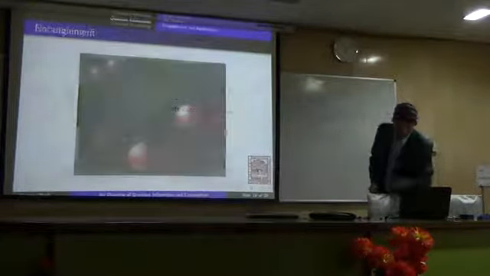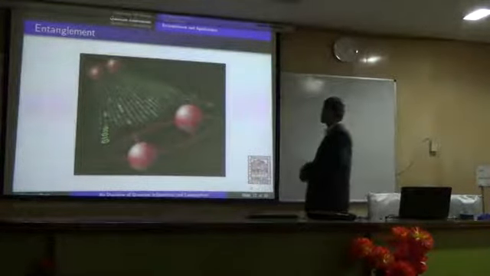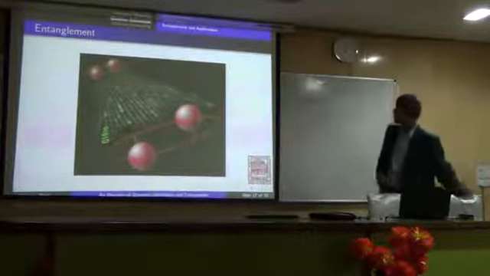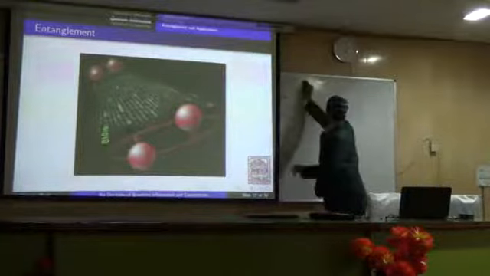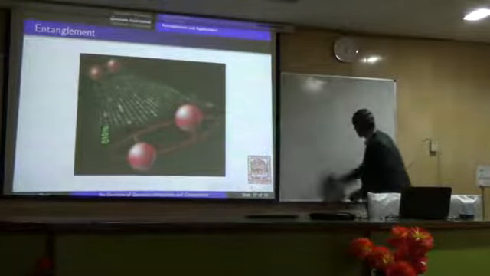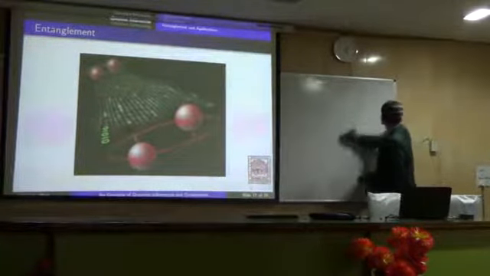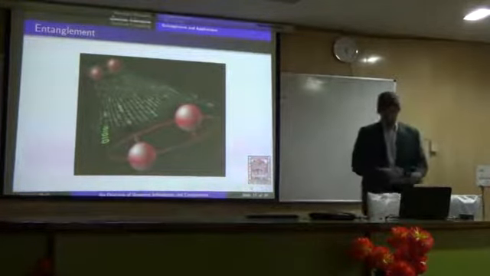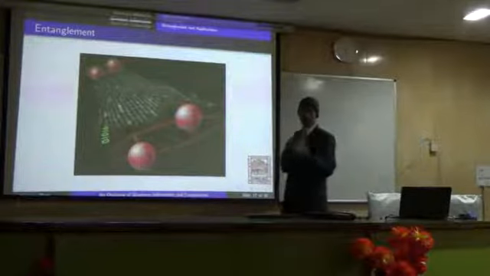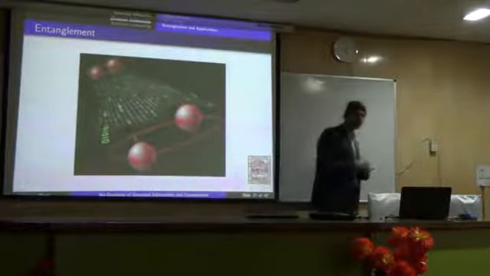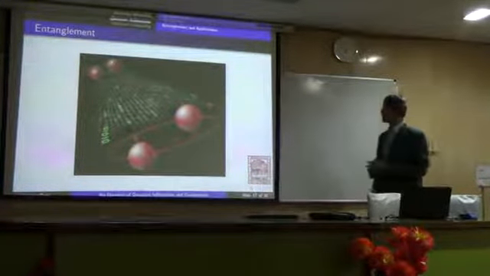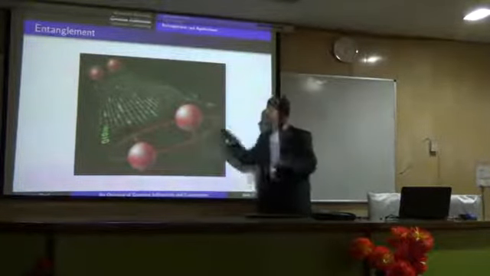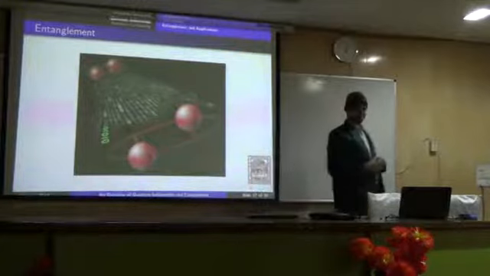Very well appreciated. Another strange fact in the quantum domain is quantum entanglement. So that means two particles. So entanglement means some kind of correlation. So two particles will be entangled or correlated in such a way physically that when you measure one particle, you will get the information about the other particle for free.